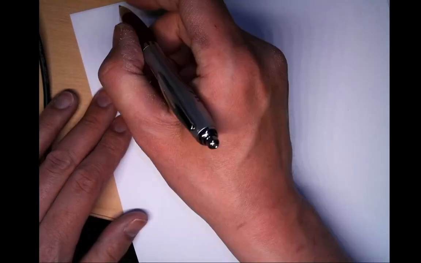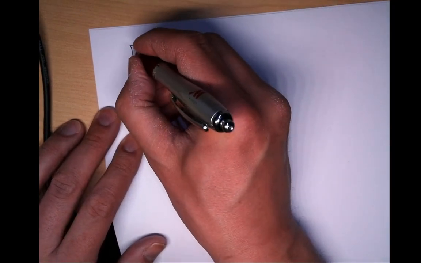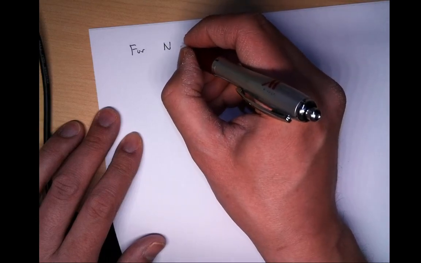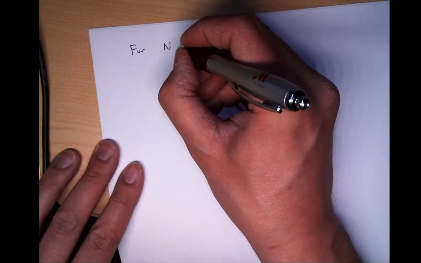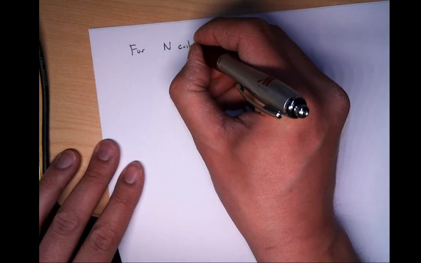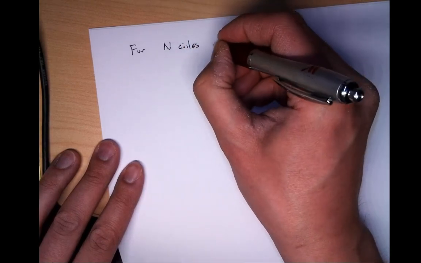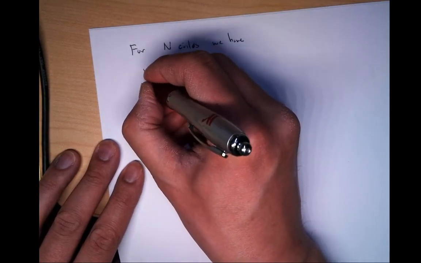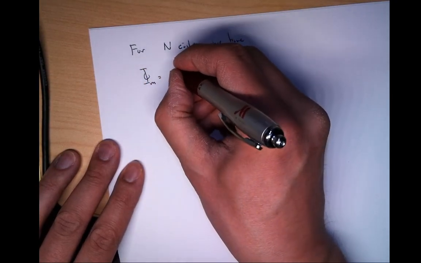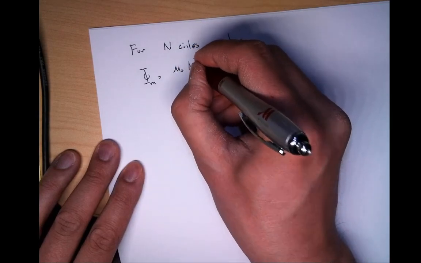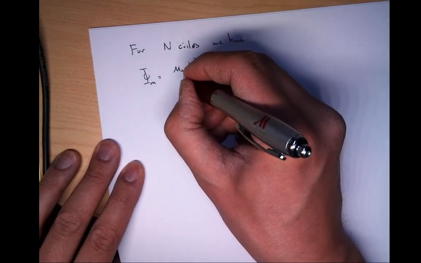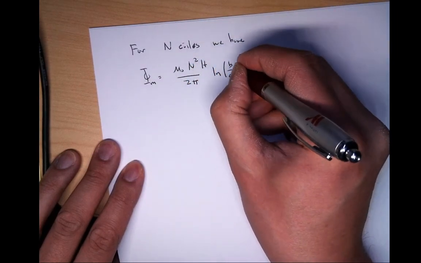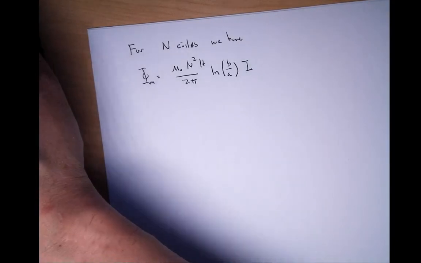So for N coils, phi sub m is equal to mu 0 N squared h over 2 pi times the logarithm of b over a, times I.